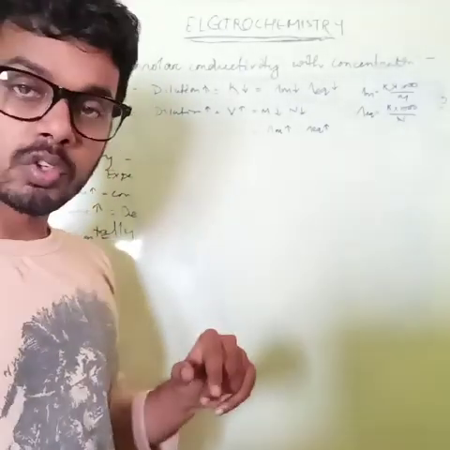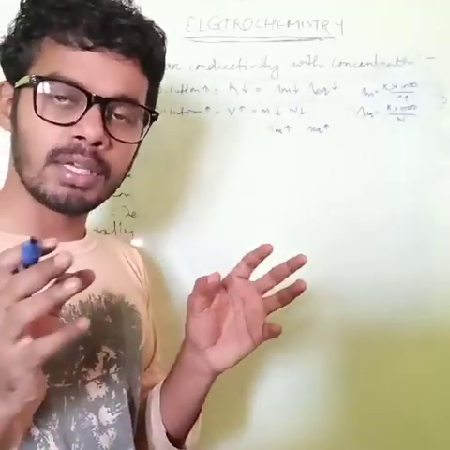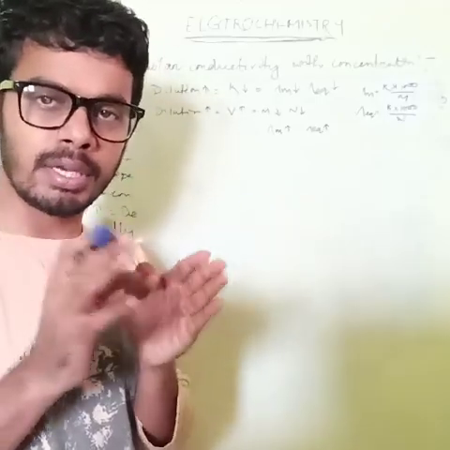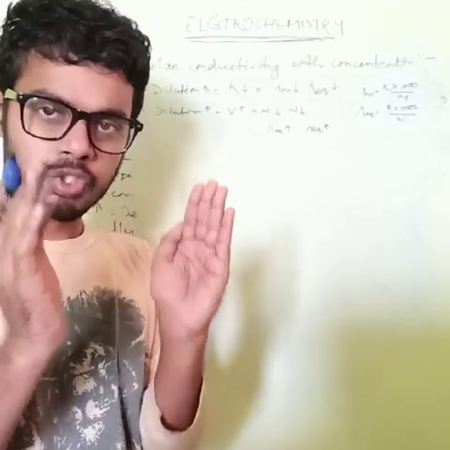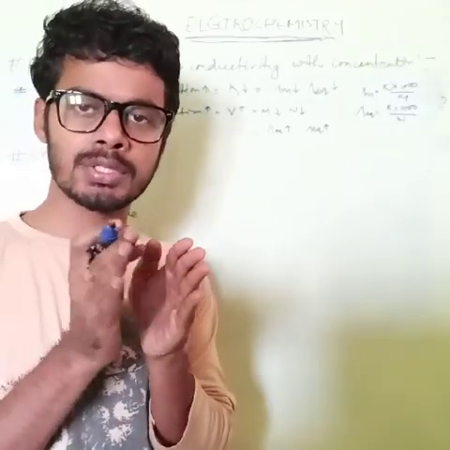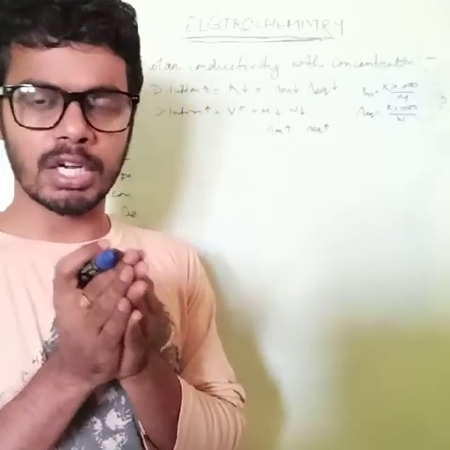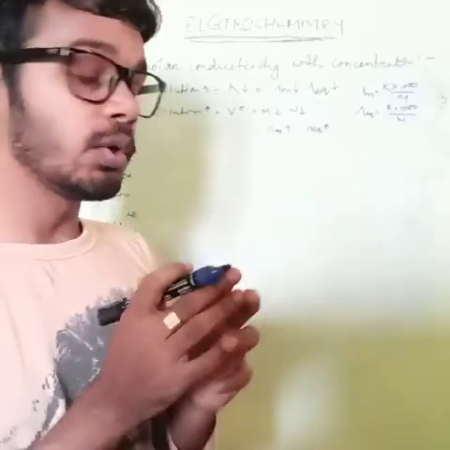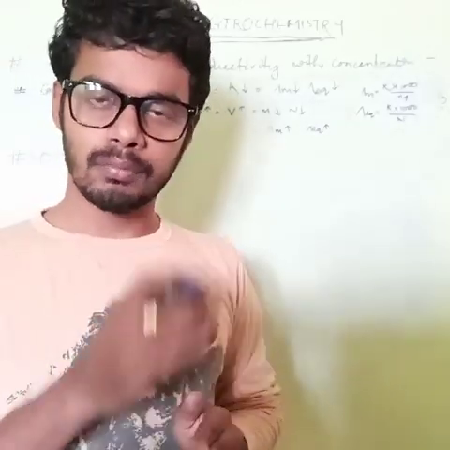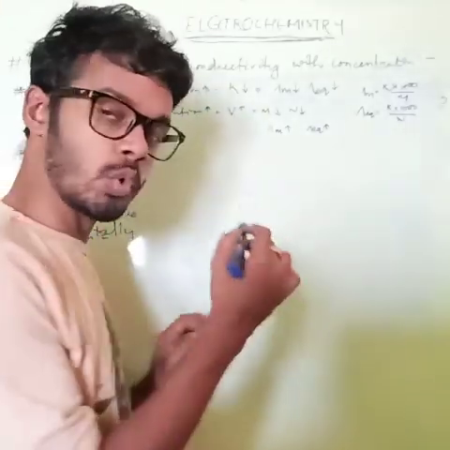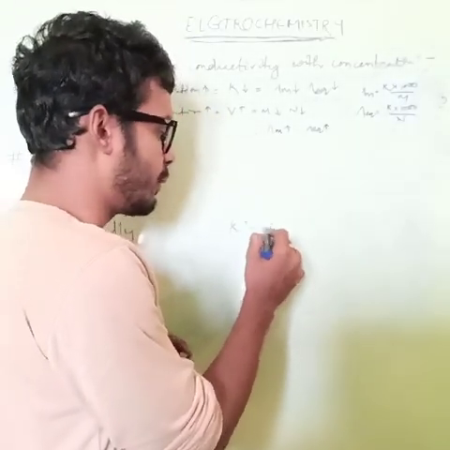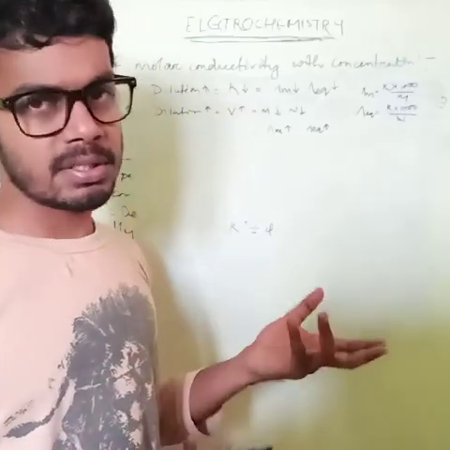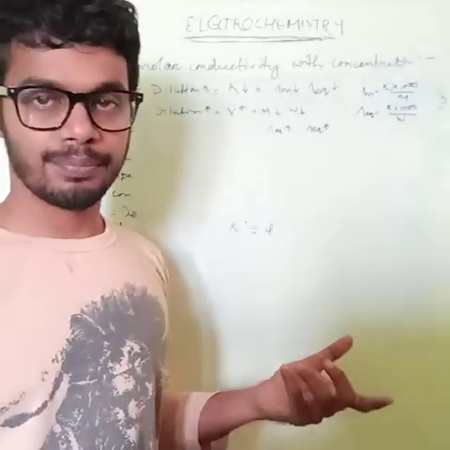In case of strong electrolyte also there will be ionic mobility. Though there is 100% dissociation, the ions present in a strong electrolyte are very close by electrostatic force, but due to dilution there will be a gap between these two oppositely charged ions, and due to that there will be more ionic mobility and a chance of conductivity.